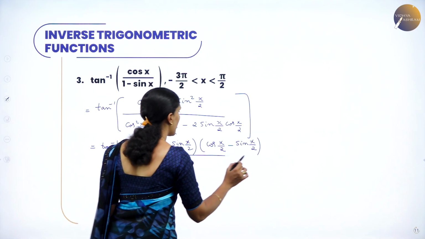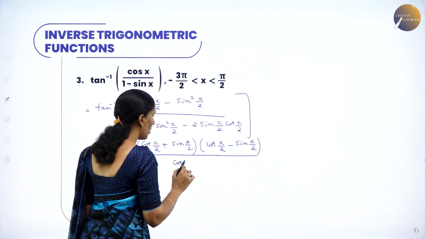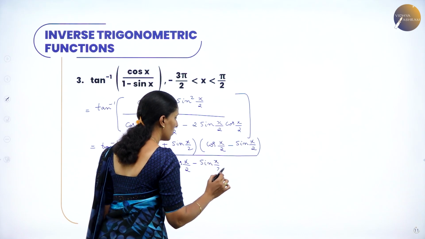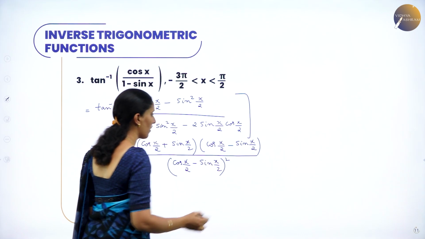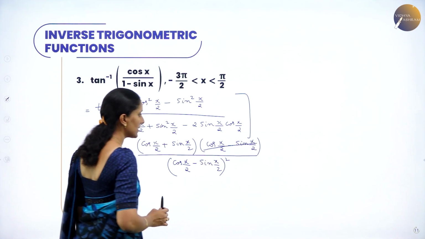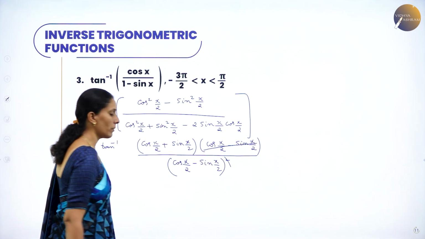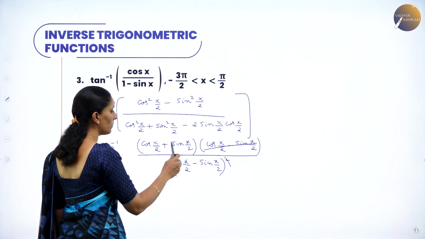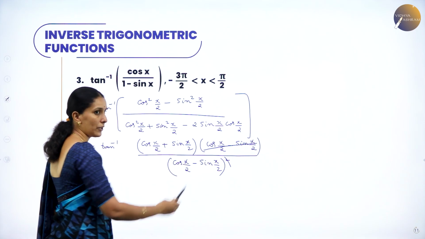So this can be written as cos x by 2 minus sin x by 2 whole square. Now here we can see cos x by 2 minus sin x by 2 gets cancelled. We are left with cos x by 2 plus sin x by 2 over cos x by 2 minus sin x by 2.